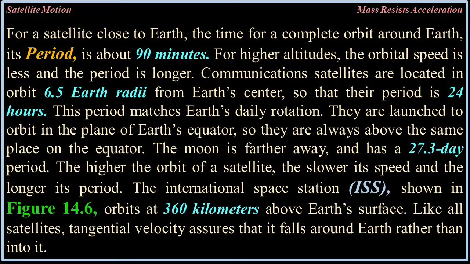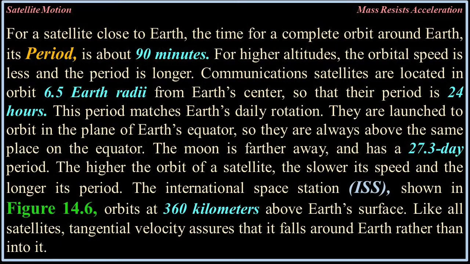For a satellite close to Earth, the time for a complete orbit around Earth, its period, is about 90 minutes. For higher altitudes, the orbital speed is less and the period is longer. Communication satellites are located in an orbit 6.5 Earth radii from Earth's center, so that their period is 24 hours.